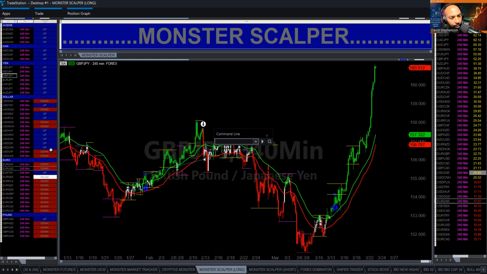So we don't have to just focus on 1 or 2 or 3 or 5 pairs. We can see what all the pairs are doing, and they're broken down by their respective countries: the Aussie, the New Zealand pairs, yen pairs, dollar, euro, and pound pairs. So everything is right here for us to see. We don't have to go anywhere else.